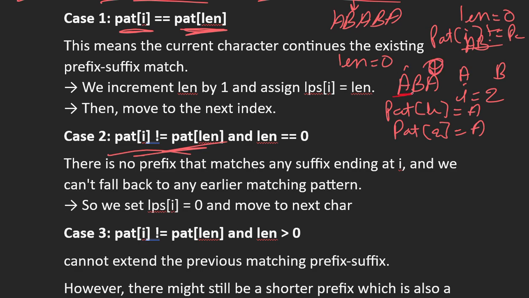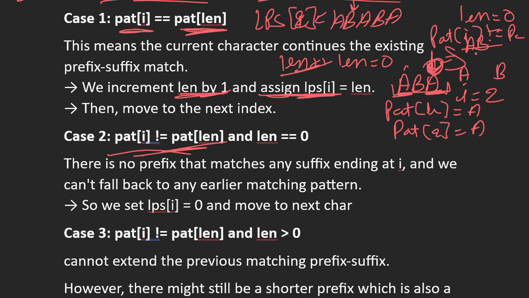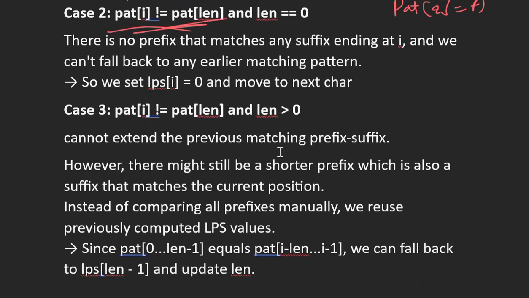In that case, this prefix is equal to this suffix, so we increase length by 1 and assign LPS of I, that is LPS of 2, as that length. In the string at this point, the longest prefix that is equal to a suffix is 1, this A is equal to this A, right? I hope you get case number 1, and then we move to the next index. So next let's see case number 2.